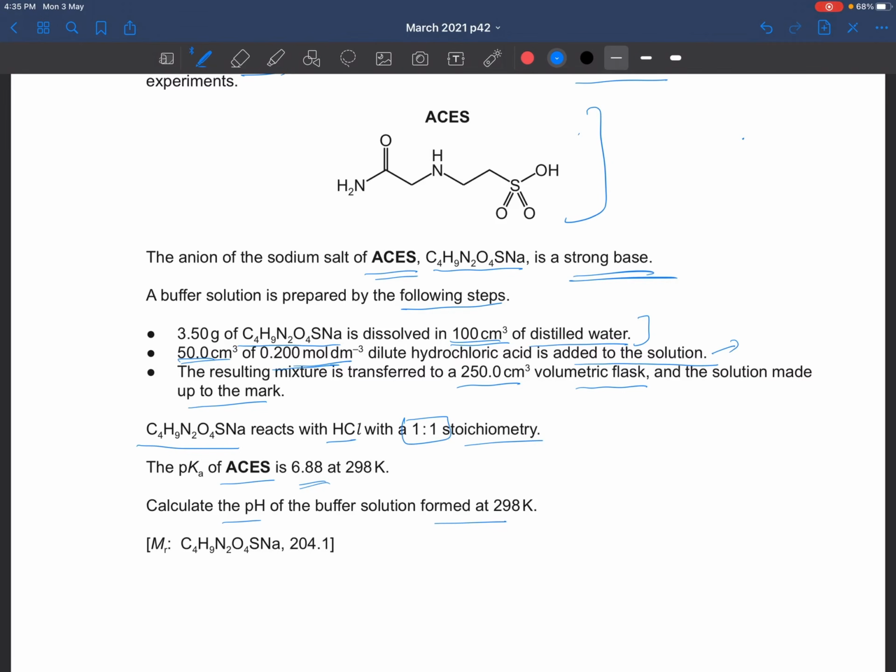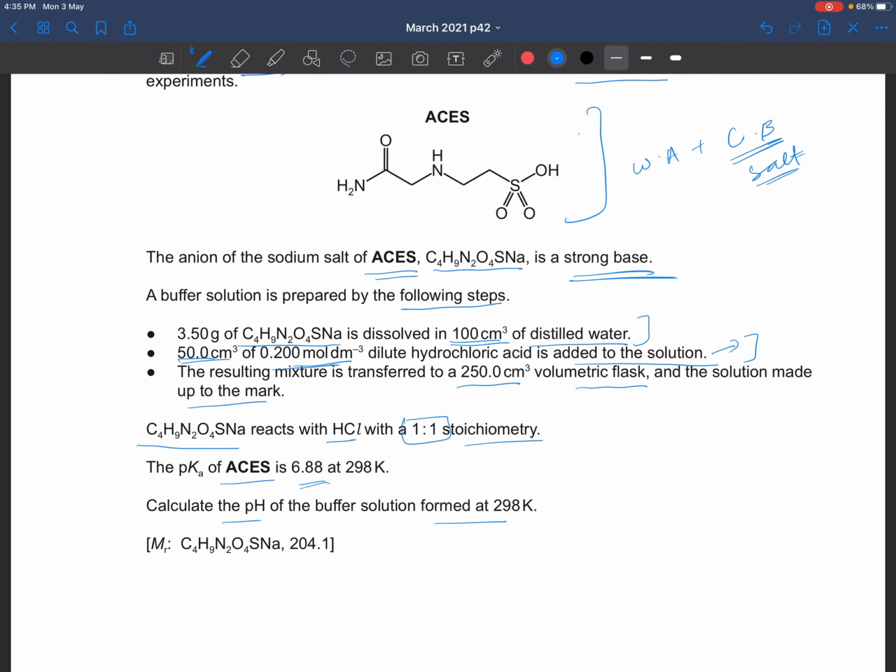So the buffer solution would form when a weak acid combines with its conjugate base, right? Or we can say the salt. Here we are adding HCl to the salt, right? So first let's calculate the moles of salt.